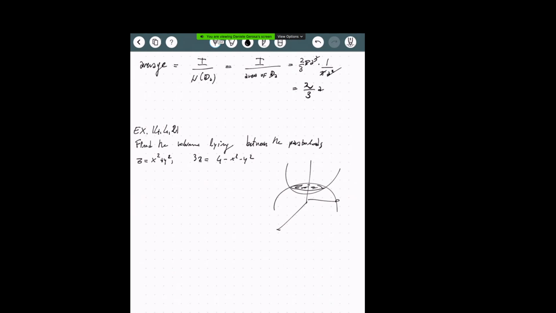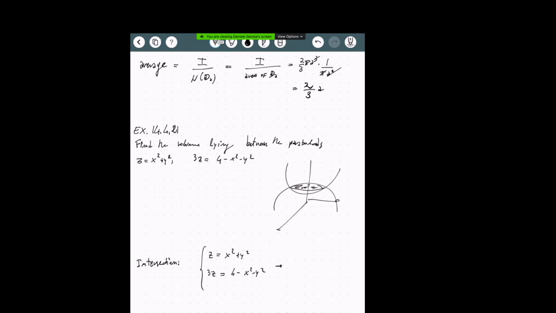So let's first find out where they intersect. The intersection will be solving the nonlinear system, z equal to this, 3z equal to 4 minus x squared minus y squared. You just set things to be equal.